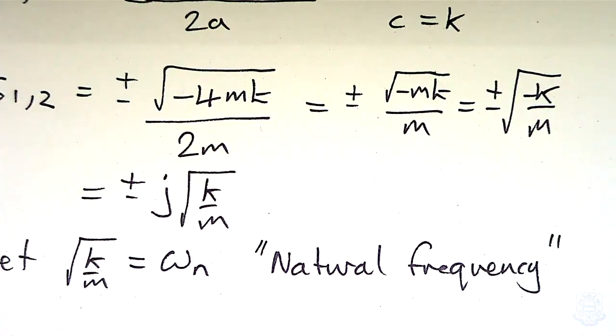If you remember from last lecture, I introduced this idea of omega as a frequency, and I said that there were several different variants of that, and so this is one of the important ones. If it's got a subscript n, it means the natural frequency, and it's the square root of k over m. Because in this system we're not assuming that there's any energy loss or damping, sometimes it's also called the undamped natural frequency.